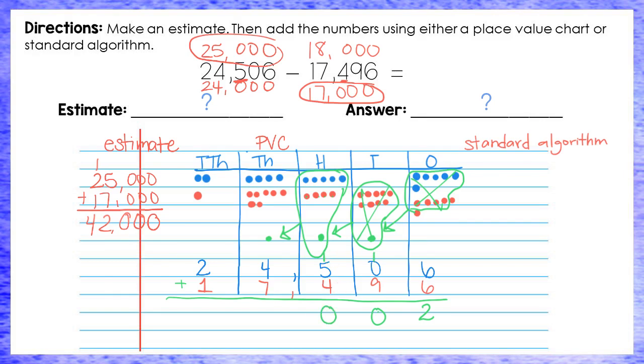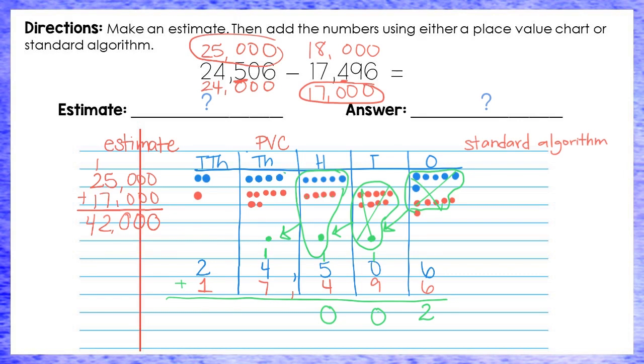So I put a 0 in the hundreds and a 1 in the thousands for this one that we added to the thousands. Then I have 4 plus 7. Well, that is 1, 2, 3, 4, 5, 6, 7, 8, 9, 10, 11. And then this one makes 12.